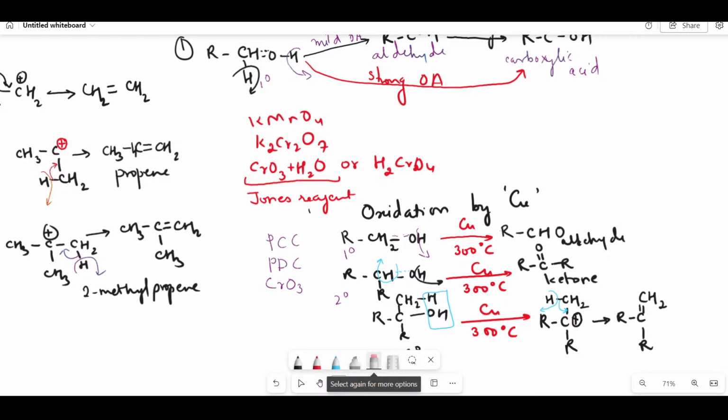Just erase this step. This is not correct. Here itself it will take place. When this HOH leaves, when this water leaves, at that time itself a partial double bond character has developed over here.